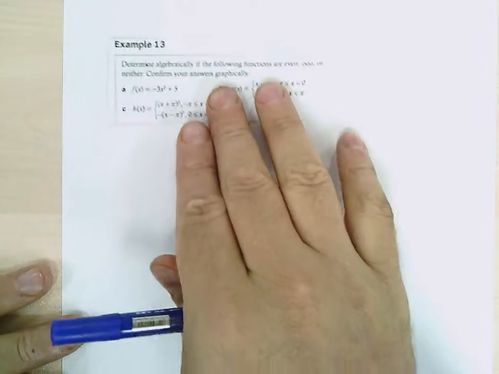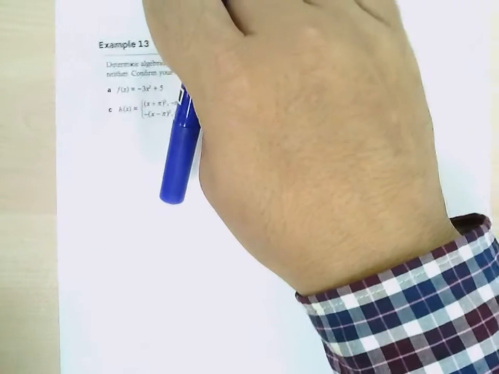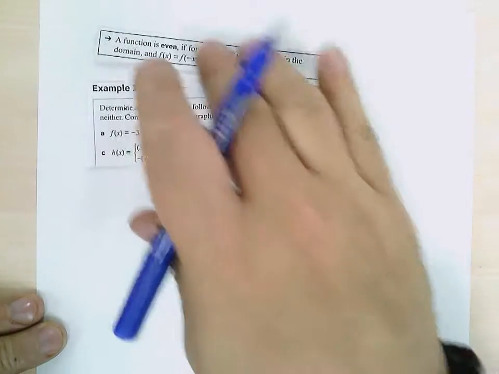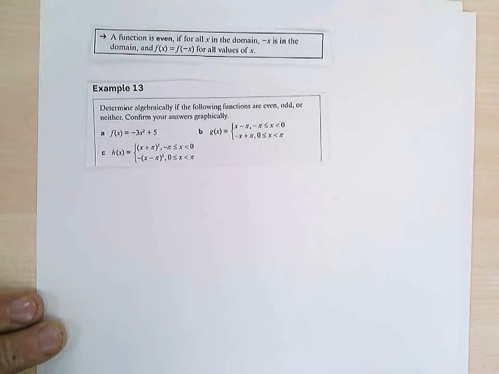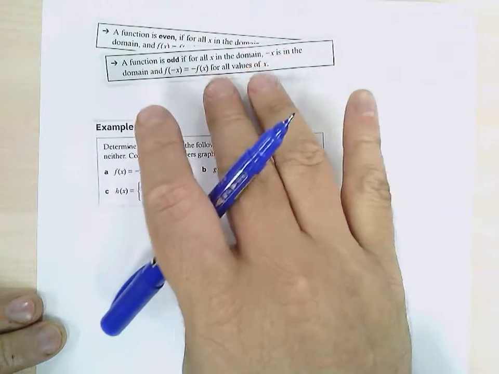Now, let's look at some examples. We're going to look at example 13, and it says, determine algebraically if the following functions are even, odd, or neither. Confirm your answer graphically. So, like we said before, it's an even function if when we plug in negative x, it doesn't change the function at all, and odd if it becomes the opposite of that.